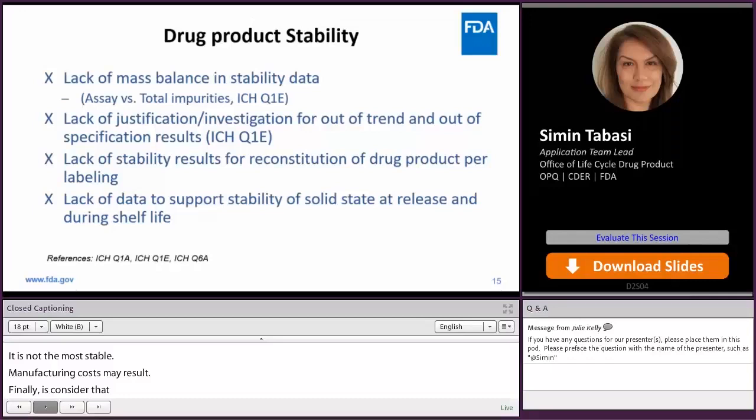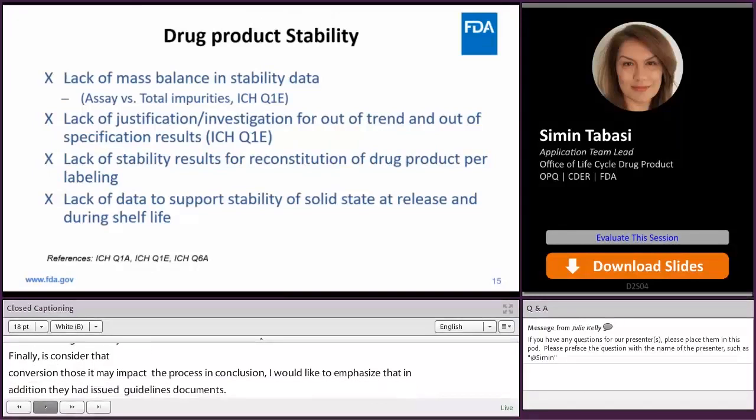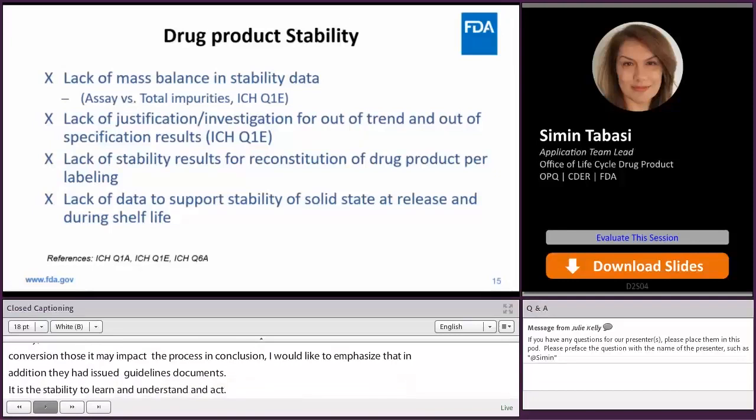In conclusion, I would like to emphasize that in addition to numerous ICH guidance, the US FDA has issued many guideline documents and literature papers. It is the responsibility of applicants to learn, understand, adopt, and apply the regulatory expectations before launching drug product development, manufacturing, preparing, and submitting ANDA applications.